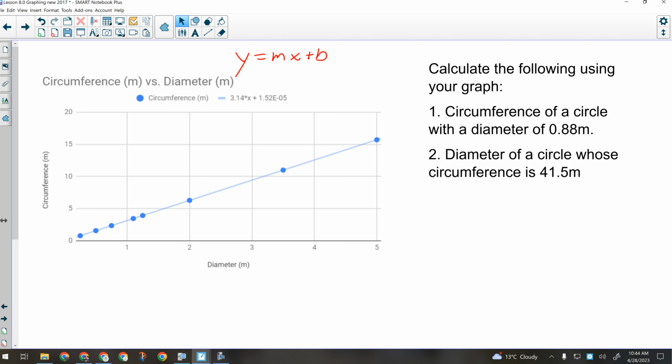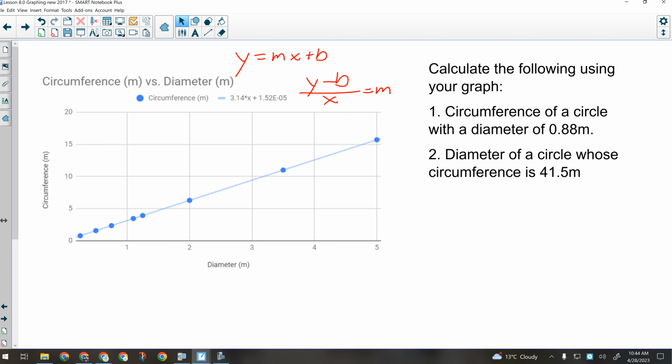If I want to manipulate that equation for slope, what do I do? What do I move first? B, yeah, so I subtract b from both sides, and then I divide. I'm trying to get m by itself. What would I divide by? X.